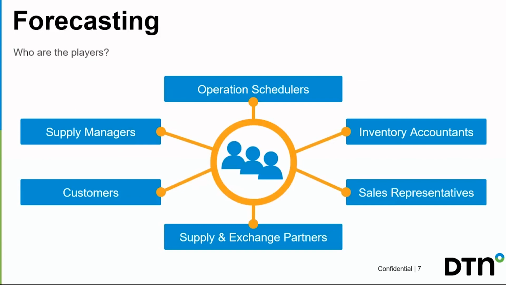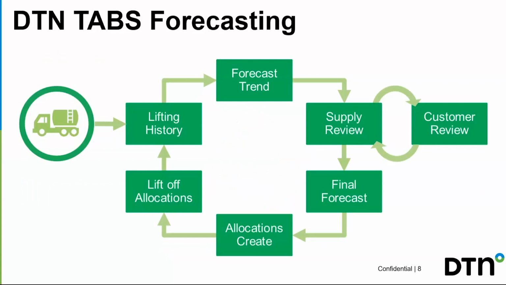Basically, who can use the forecasting module? Operation schedulers, inventory accountants, supply managers, and supply and exchange partners and sales representatives. Customers can see the forecasted amounts. The life cycle of a forecast is that if you start over here on the left, the trucks load at the terminal.